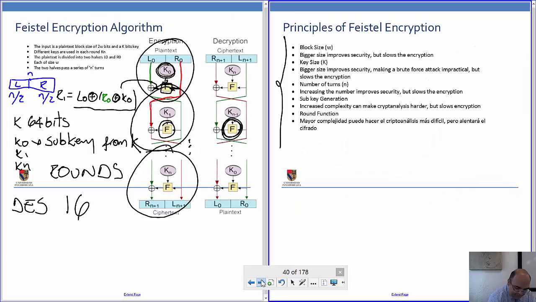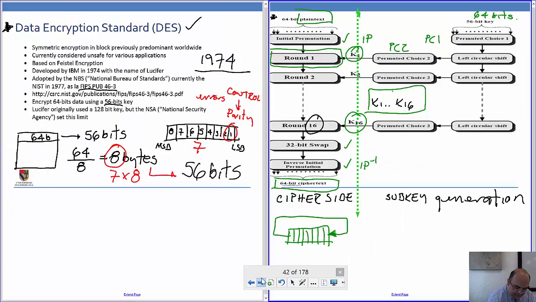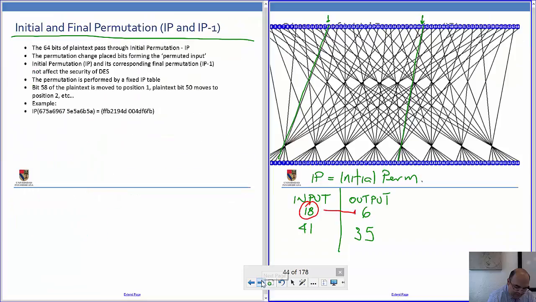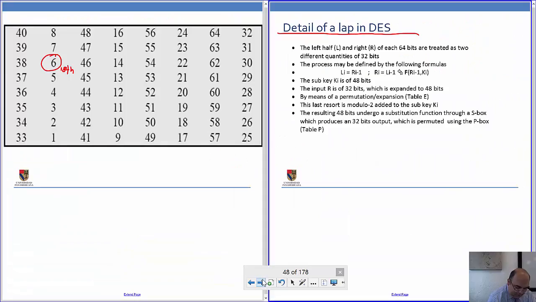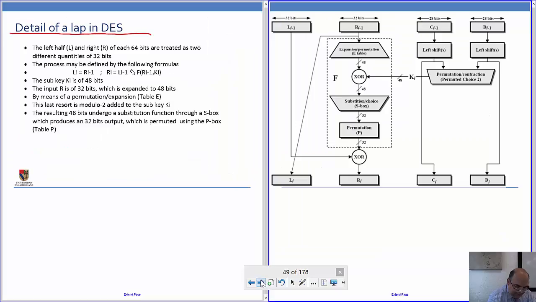Okay, we return to this IP, final permutation. Okay, we have the detail. So let's see. Remember Feistel? The Feistel framework was to have two sides. Divide the block into halves, the left side and the right side.